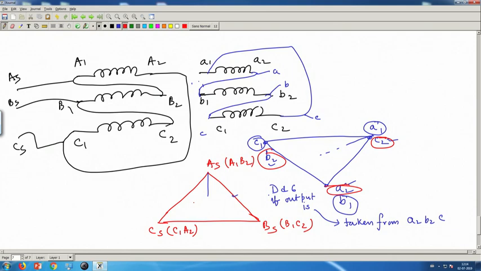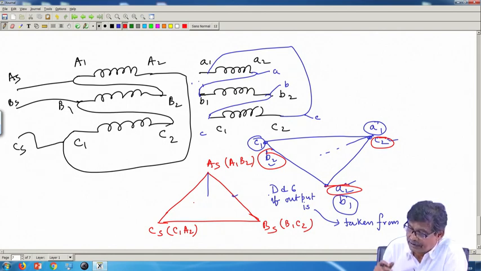Therefore, you see there are various ways of connecting the windings, delta star, delta delta, star delta, star star and so on. Now, in my next lecture, what I am going to tell you is about a transformer which is a 3-phase unit.